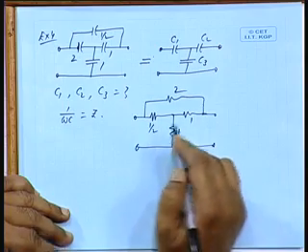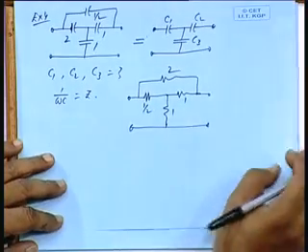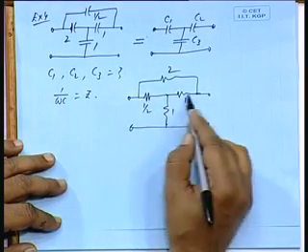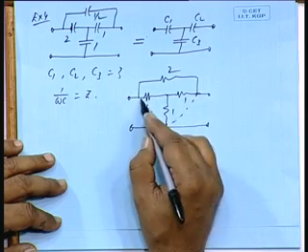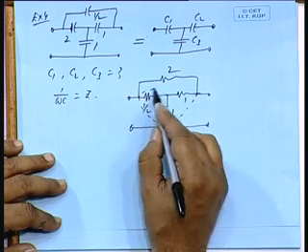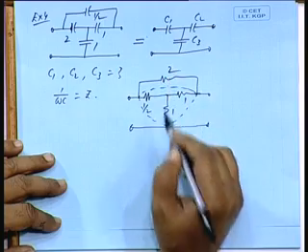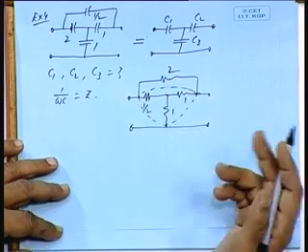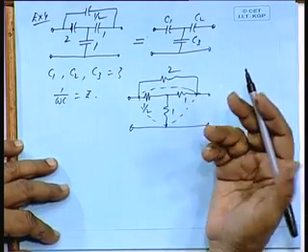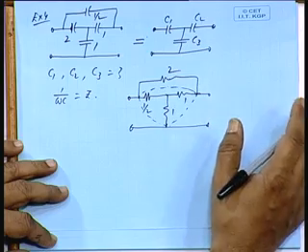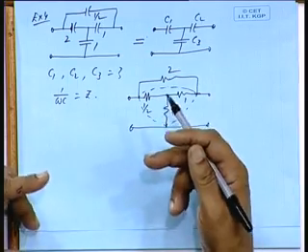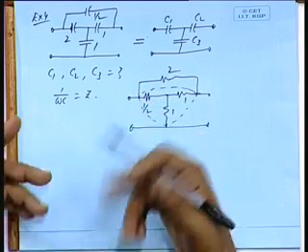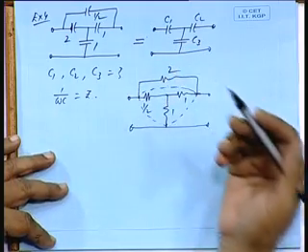Now, it is a T network which we can replace by an equivalent pi, that is from a star to delta, then these two elements will come in parallel and then we will get an equivalent T. Once again, if we express those elements of the T network in terms of the capacitances, we will again take the inverse. So, we will get back C1, C2, C3.